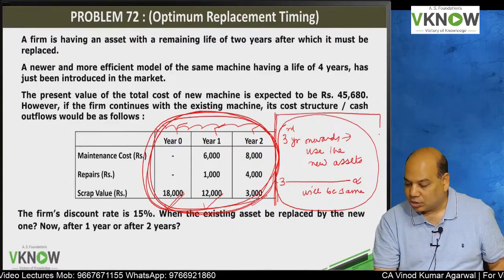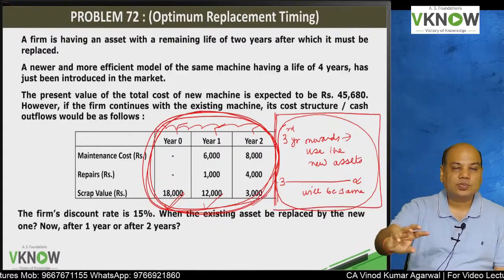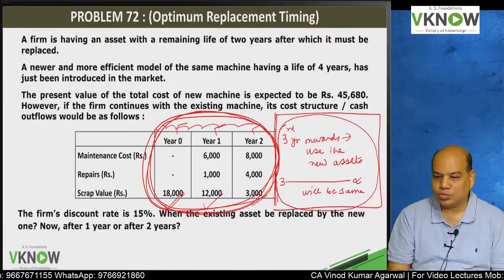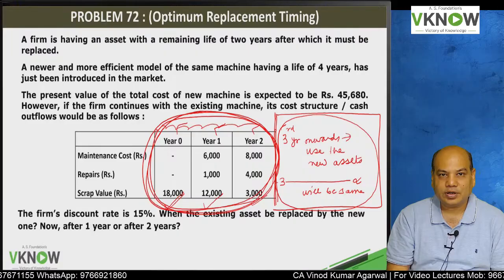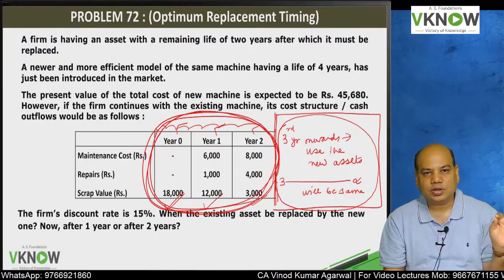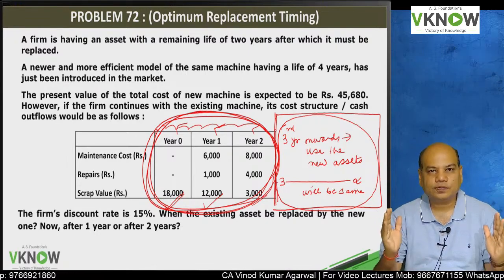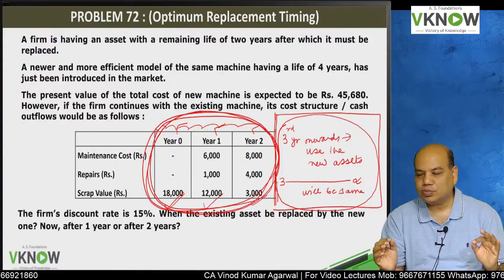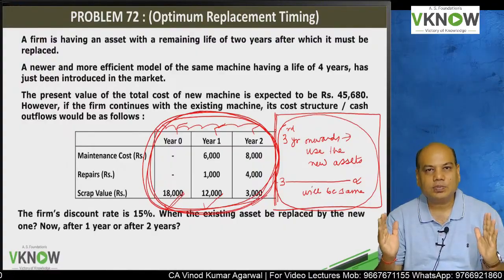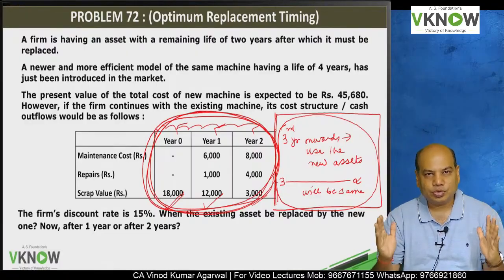From third year onwards, the cash flows are going to be the same forever. So what I'll do, I will choose option 1, replace now, compute the cash flow of first 2 years. Or suppose I decide to replace old asset after year 1, again compute the cash flow of year 1 and 2 only, up to 2 years.